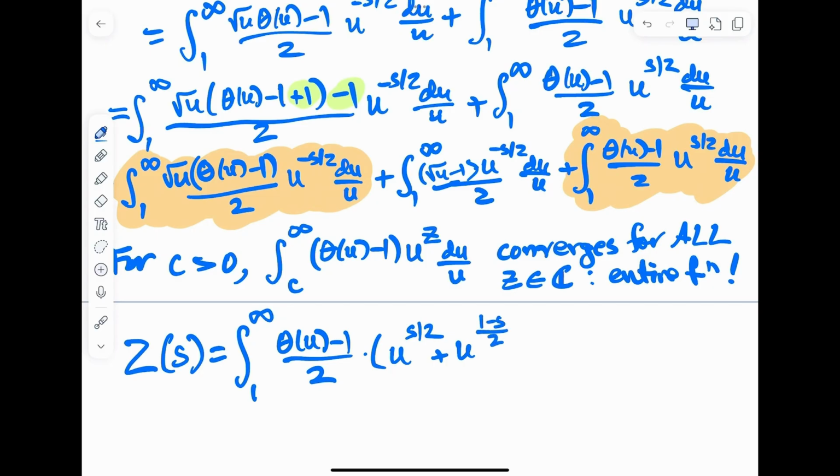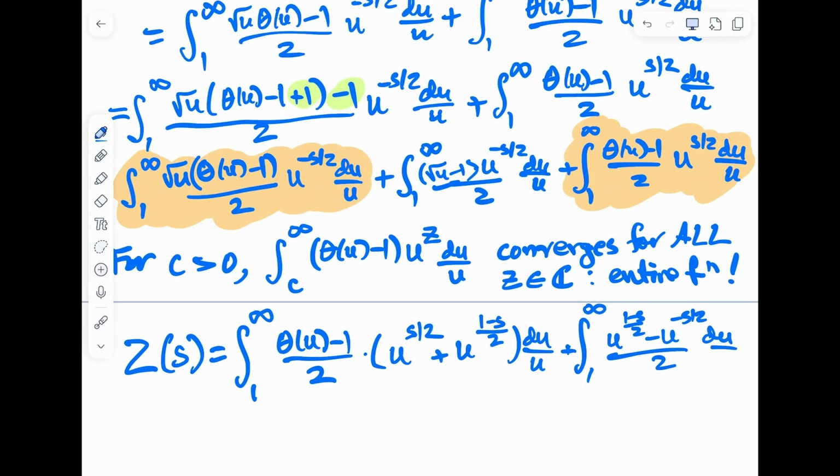Right? That's the square root of u times u to the minus s halves. And then we have that leftover thing. What in the world was that? That's u to the 1 minus s over 2 minus u to the minus s over 2. Anyway, so we have something here.